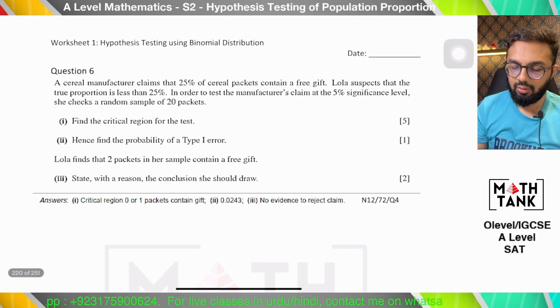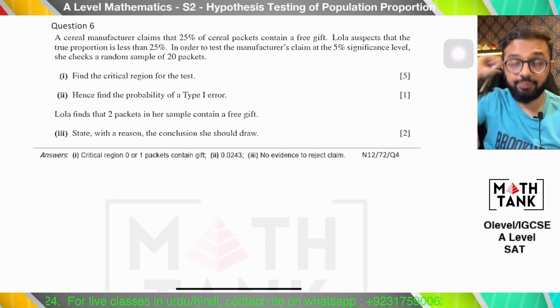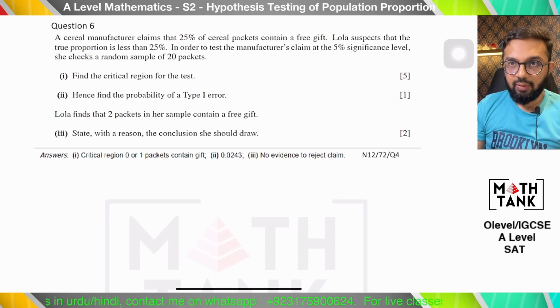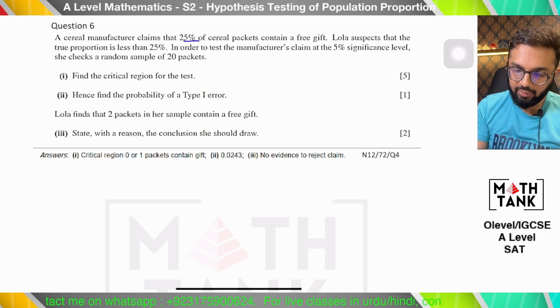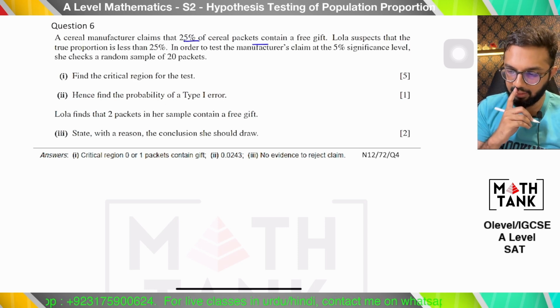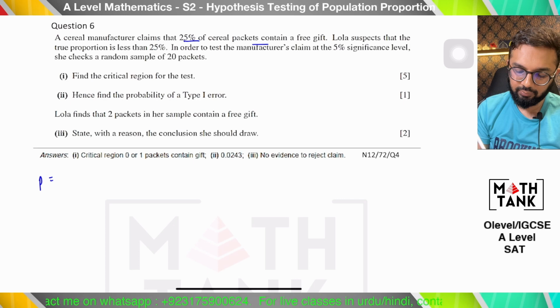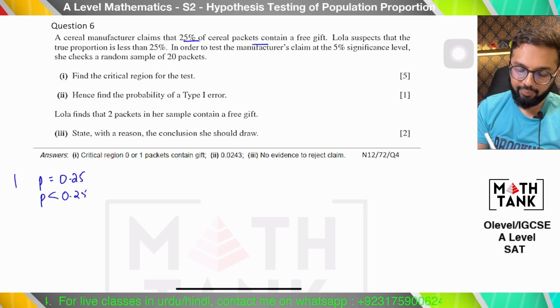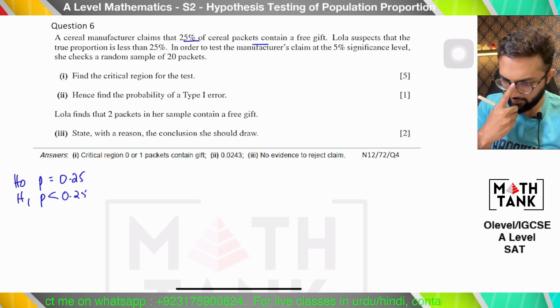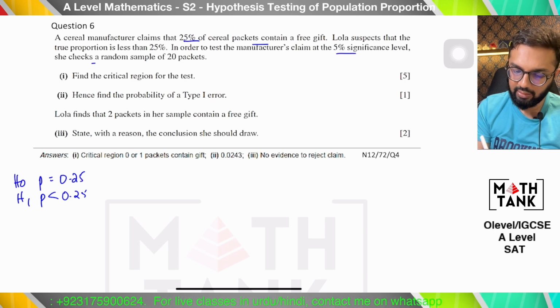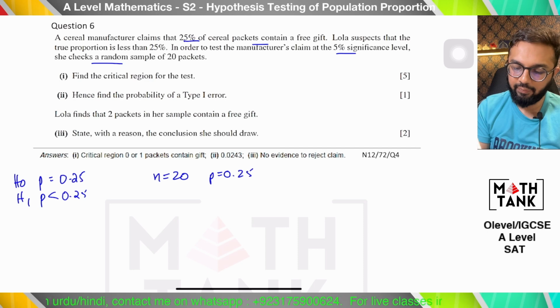Okay, question 6. A cereal manufacturer claims that 25% of cereal packets contain a free gift. Lola expects that the true proportion is less than 25%. H naught, H1. In order to test the manufacturer's claim at the 5% significance level, she checks a random sample of 20. Okay, my success probability is 0.25. Find the critical regions.